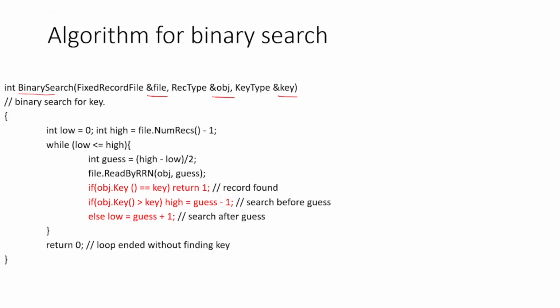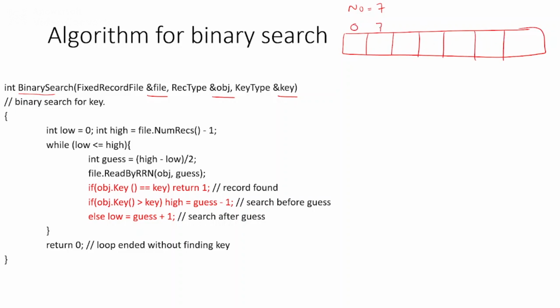Now let us take the number of records in my file as 7, and I will represent them as blocks, starting from RRN 0 to RRN 6. So we are starting from RRN 0 and we have 7 different records.